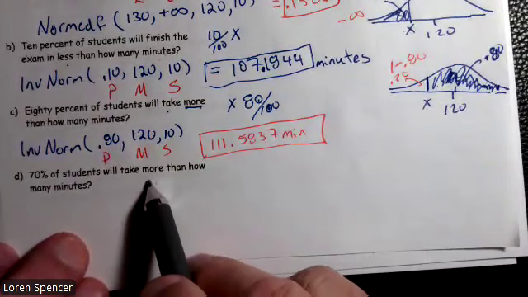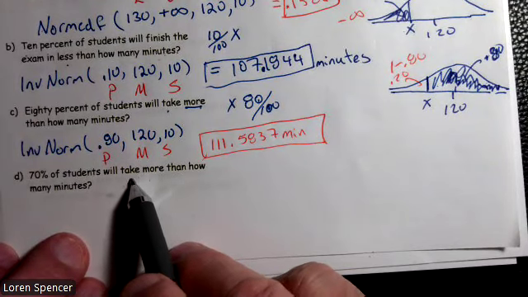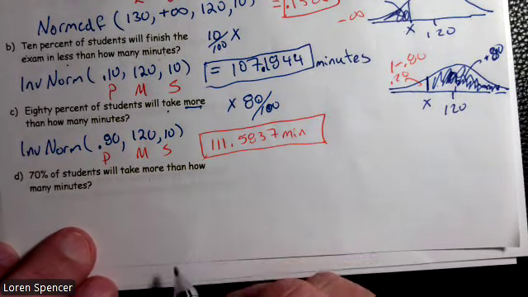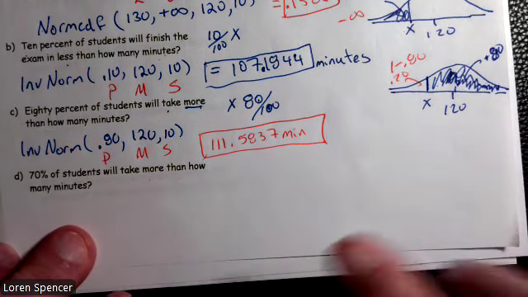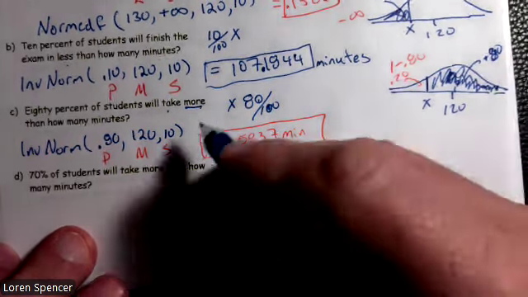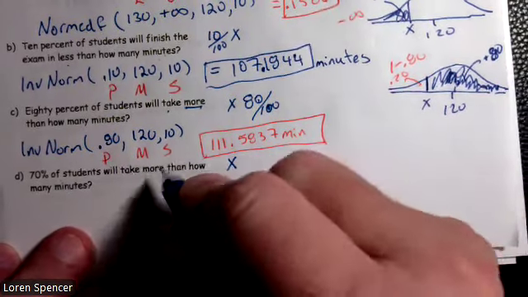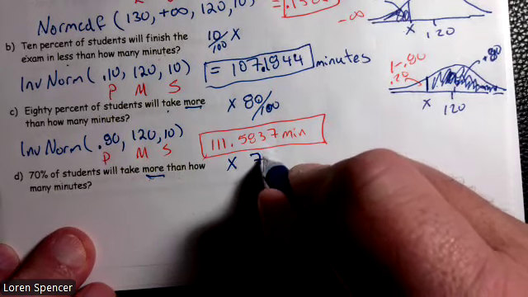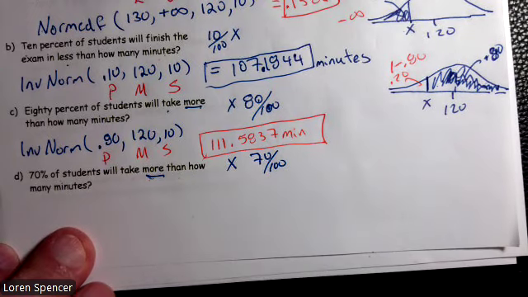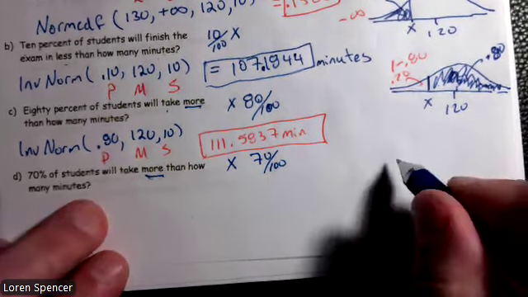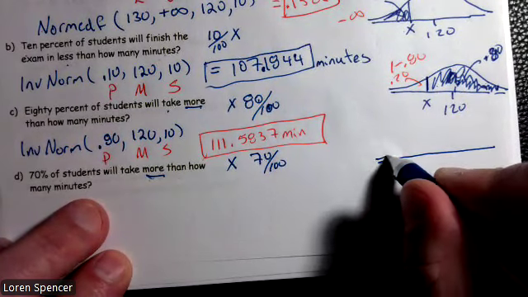70% of the students will take more than how many minutes? Well, once again, I put an X. And 70% is above it because it says more. So 70 is right here. We're going to divide by 100.